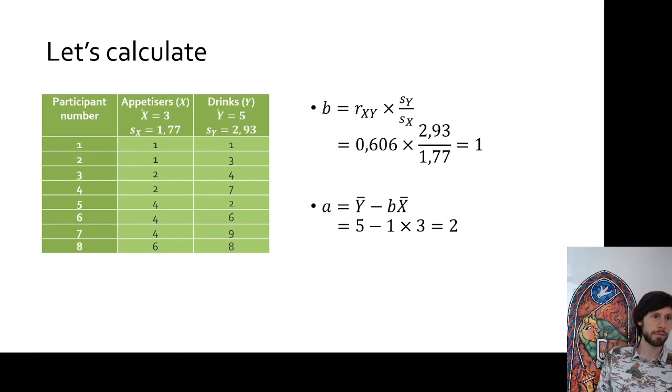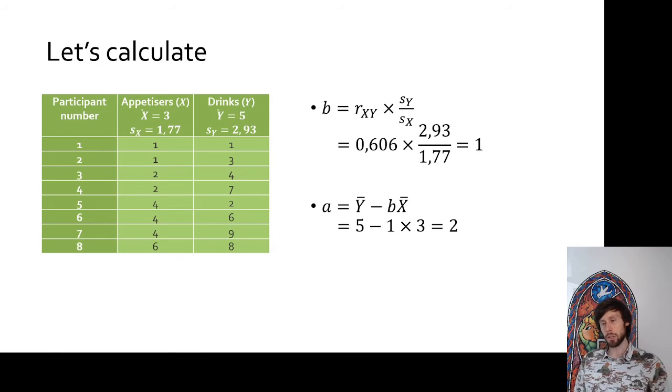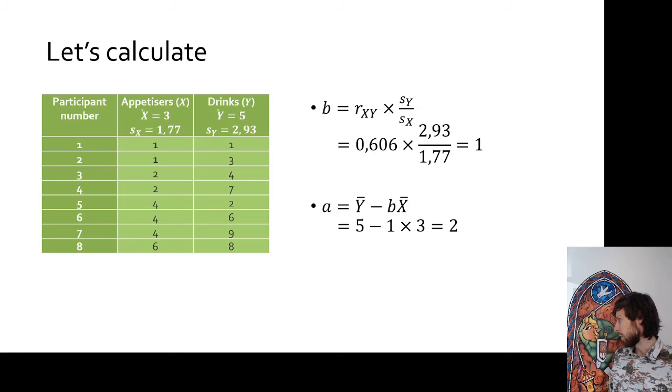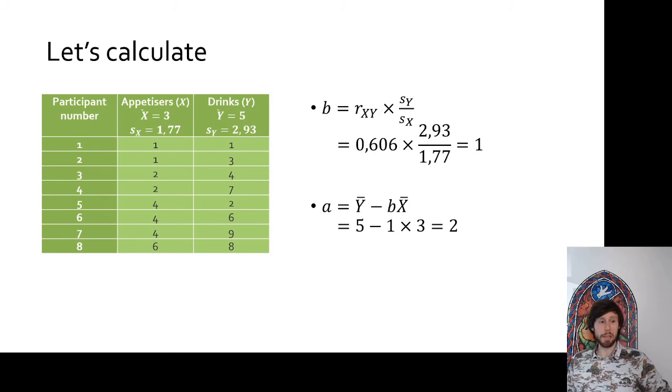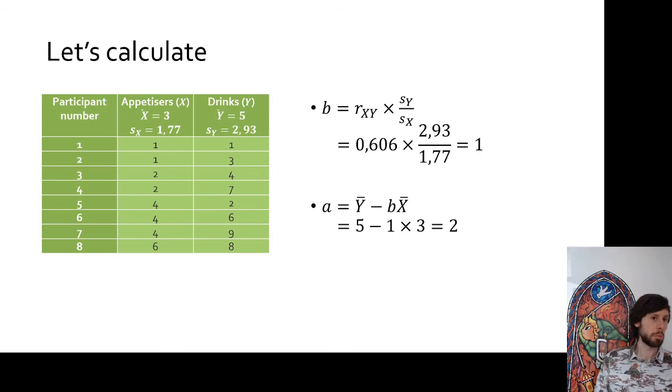Appetizers? Appetizers, there will be 2 drinks. Okay. Yes. So we expect customers that are not given any appetizers to still order 2 drinks, which is reasonable, I feel, if you're there for dinner. No appetizers, then we still expect 2 drinks ordered. That is what you might call the baseline behavior of our participants.